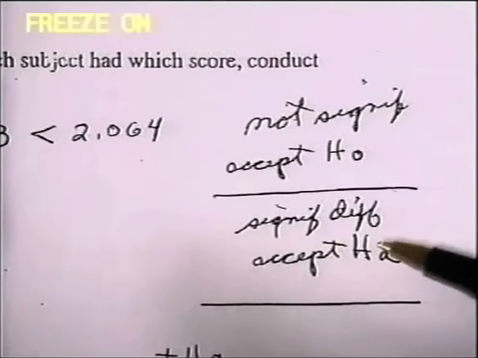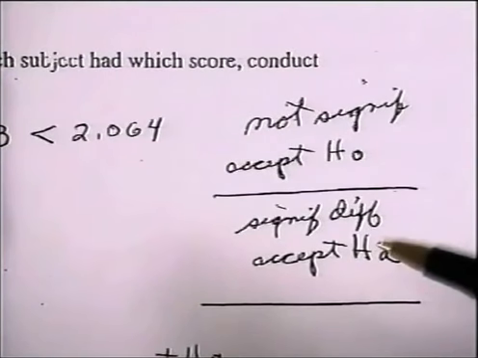Okay? Let's just run over this again. I subtracted the items first. Then I take the new data, the subtracted items, the results, the differences, and I enter that in the calculator and get the mean and standard deviation. Then I adjust my standard deviation, dividing by the square root of the sample size, and I'm comparing that difference to 0.